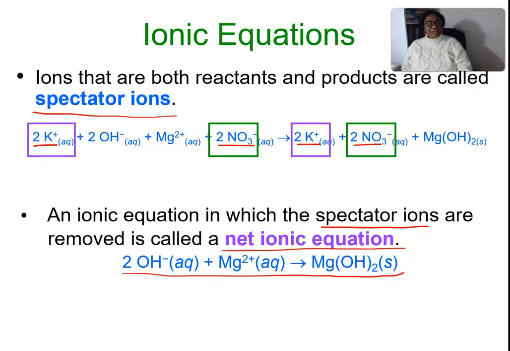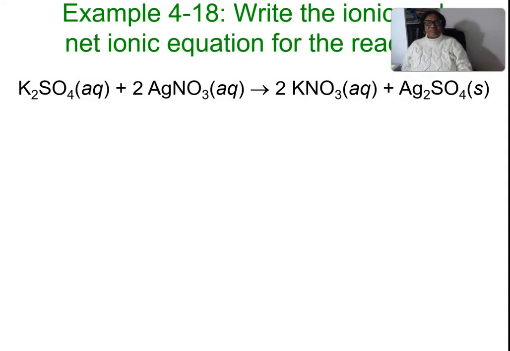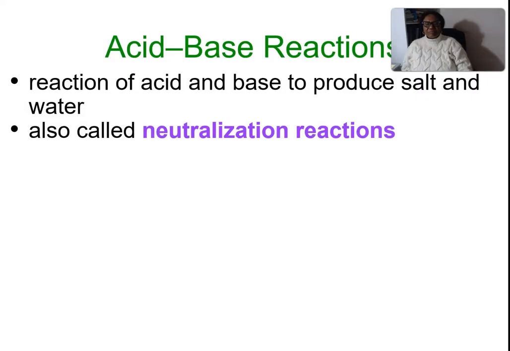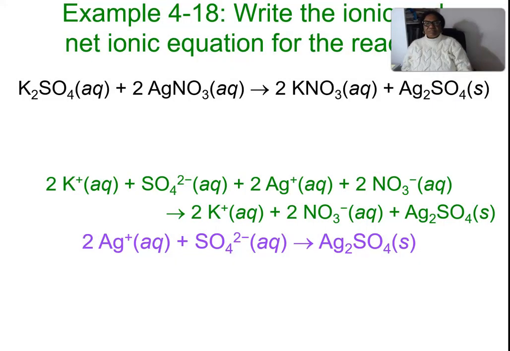So let's take another example. Write the ionic and net ionic equation for the reaction K2SO4, potassium sulfate, plus silver nitrate to give potassium nitrate and silver sulfate. So this is the ionic equation.